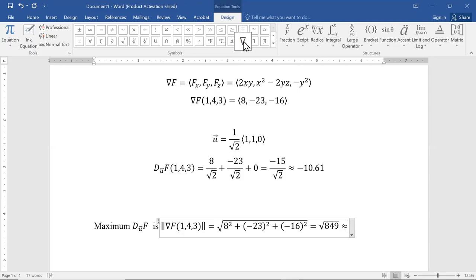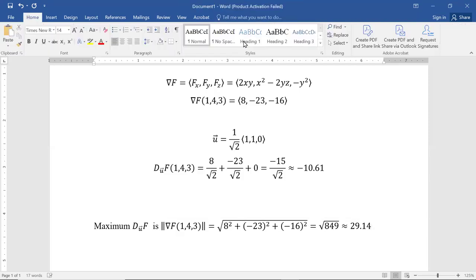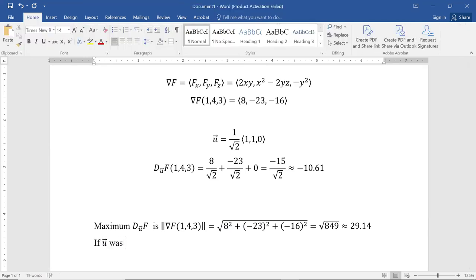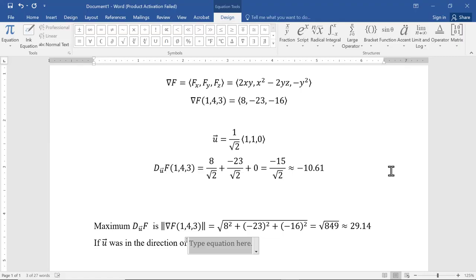Again, that's approximately 29.14. Okay, so the maximum directional derivative you could possibly get is 29.14, and that's if my vector u was in the direction of my gradient at the specific point, 1, 4, 3.